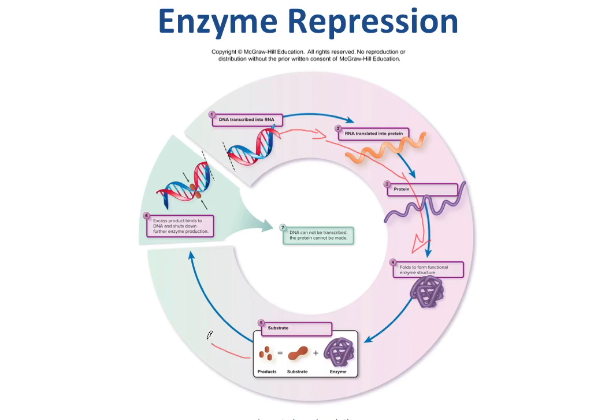The products can go back and bind with the DNA to inhibit the DNA from transcribing the information to make the enzyme. This is called enzyme repression, okay? We can see this is also an example of the negative feedback pathway, right?